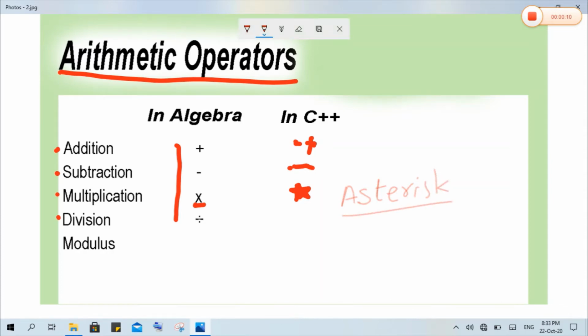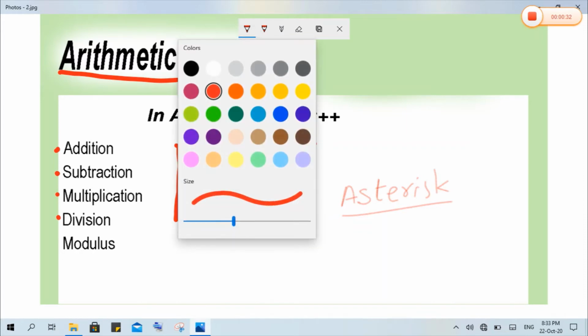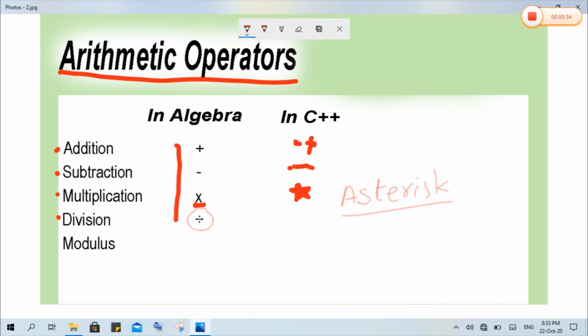You can pronounce it as asterisk or asterisk, and anyone you like. The next operator is division. We use the division sign for division in algebra, and when we discuss programming languages like C++, we use this slash sign for the division operator.